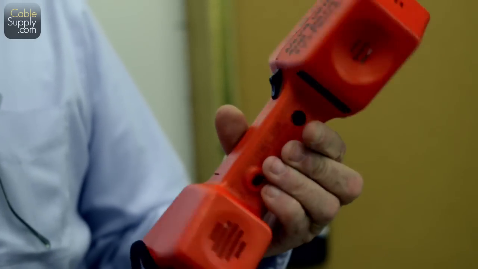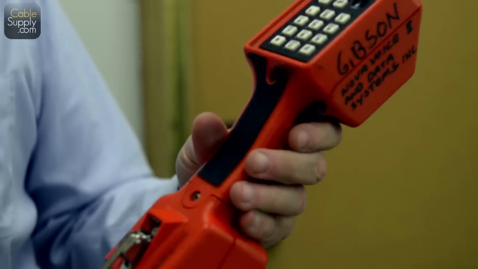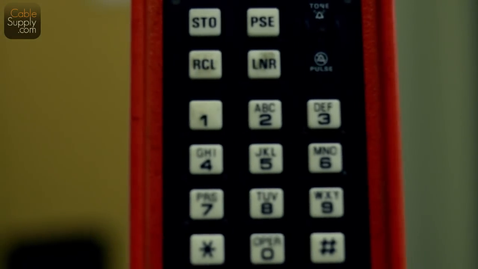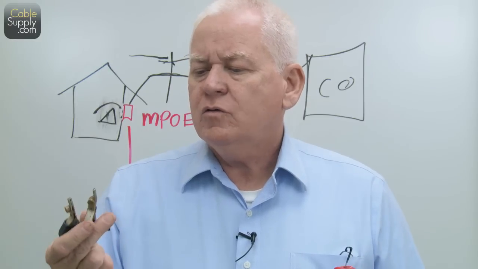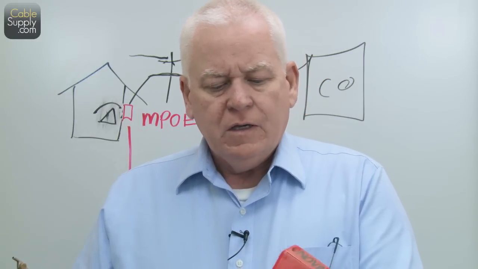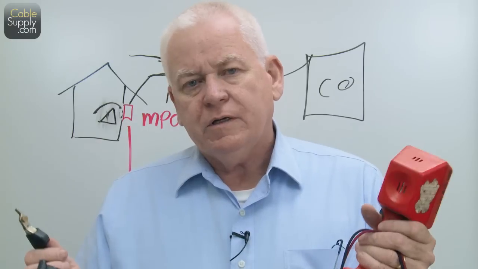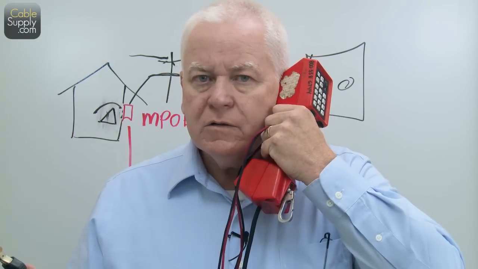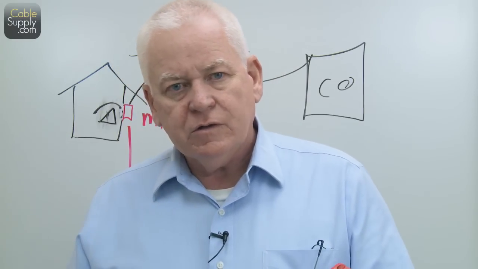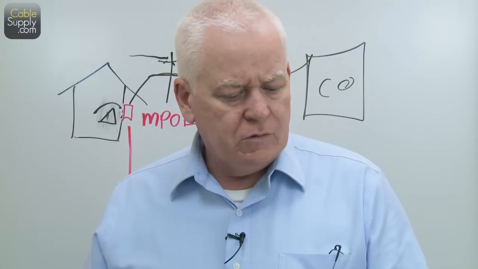Remember out there I was talking about that 66 block and that MPO and how to test it? Well, if you look, this has two clips, and what you do is you clip that on that 66 block. You turn the switch here, and it turns it on, and you can hear dial tone if it's working. And then, of course, you can go to the other side, turn the switch on, and see if you can hear dial tone also.